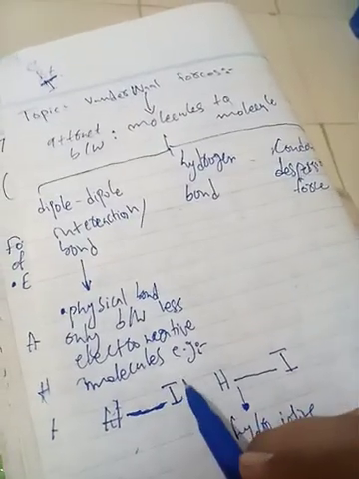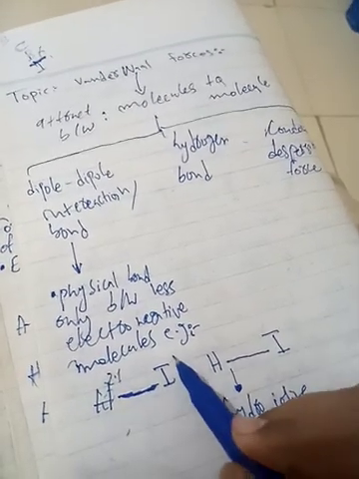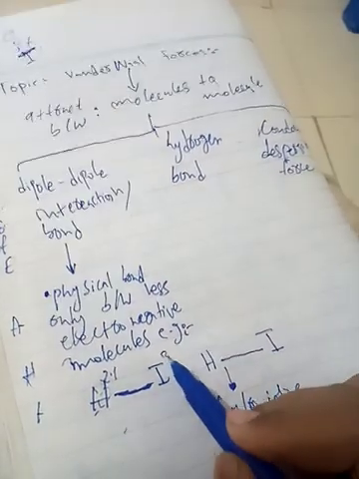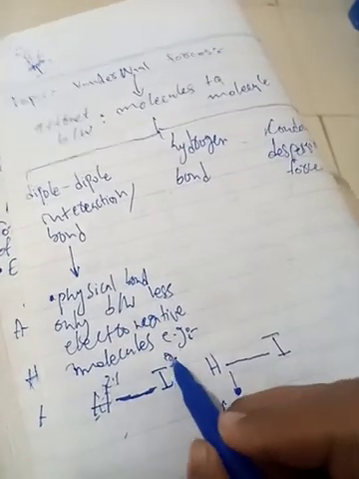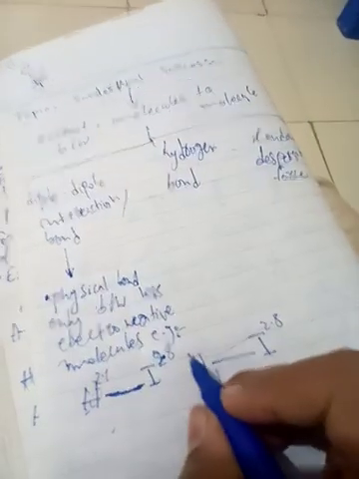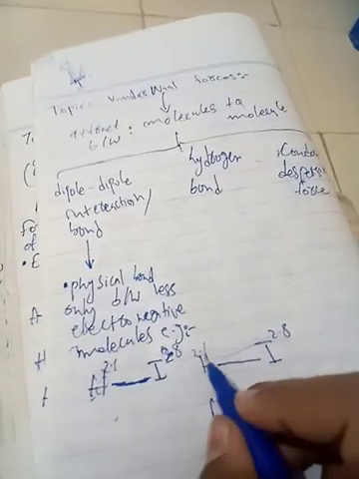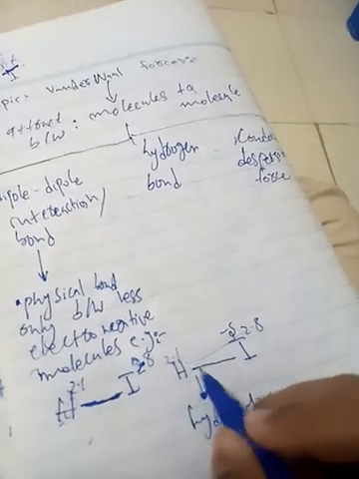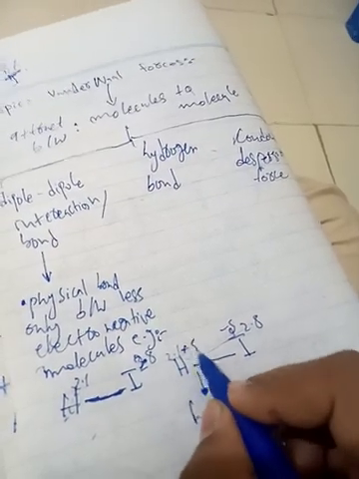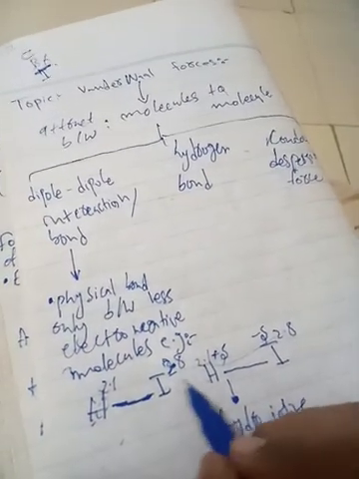As you know, iodine has a bit more electronegativity than hydrogen, 2.8, and hydrogen has 2.1, so 0.7 is the difference. Iodine will try to snatch the electron of hydrogen and will get a partial negative sign, and hydrogen will get a partial positive.